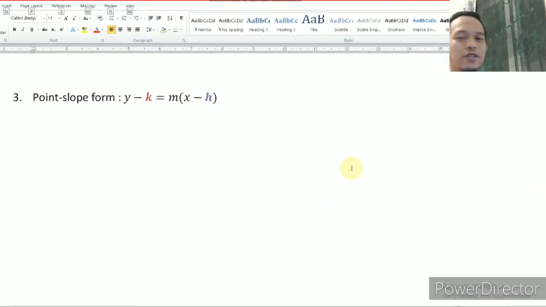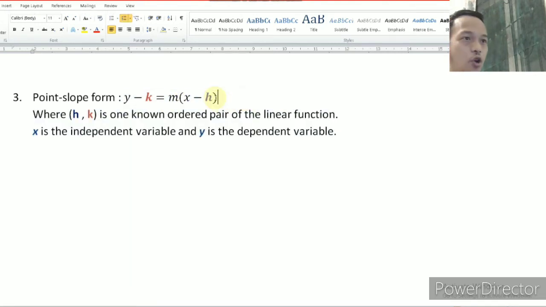The last form that we will discuss is the point-slope form. This is the form y minus k equals m times x minus h, where (h, k) is the one known ordered pair of the linear function. So it doesn't necessarily have to be the y-intercept only.